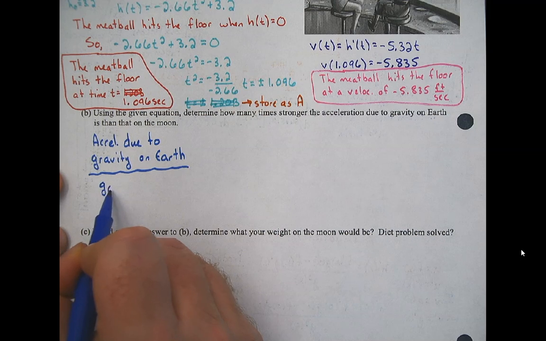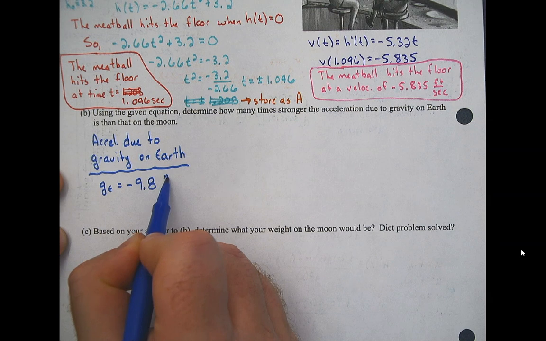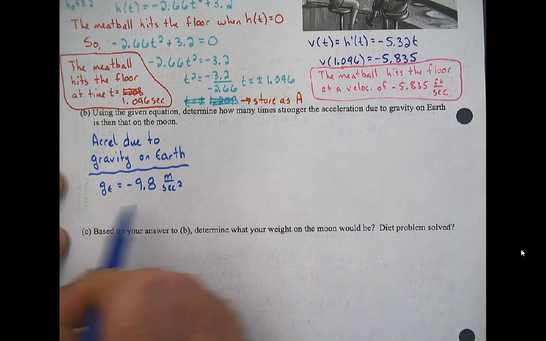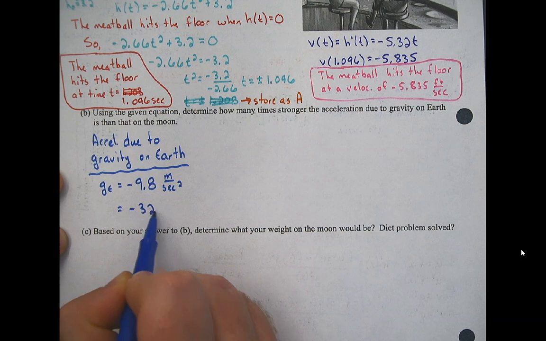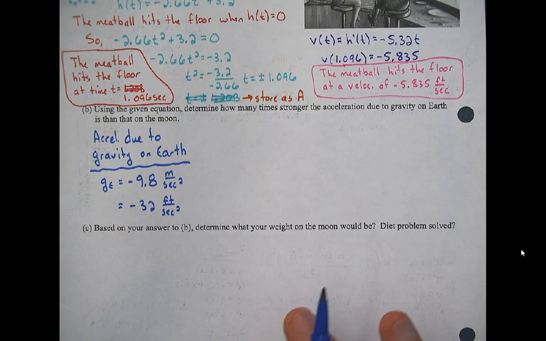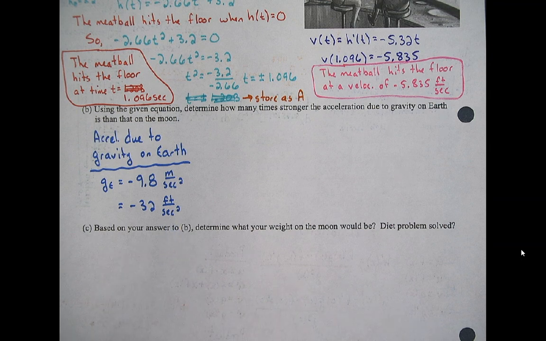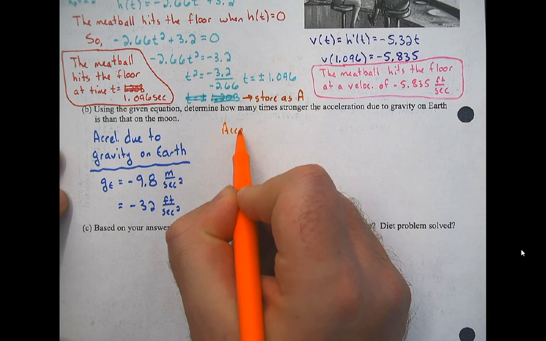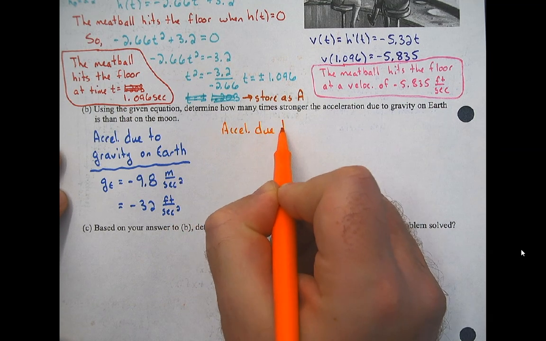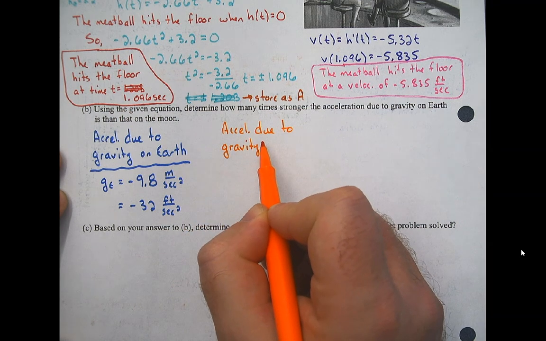The gravity on Earth is equal to negative 9.8 meters per second squared, or in another form, negative 32 feet per second squared. So depending on your units, you'll get a different number there. So for us, in this story, we're talking about feet per second, so we want to use this number of negative 32. What's the acceleration due to gravity on the moon?